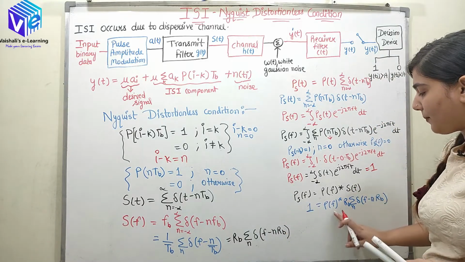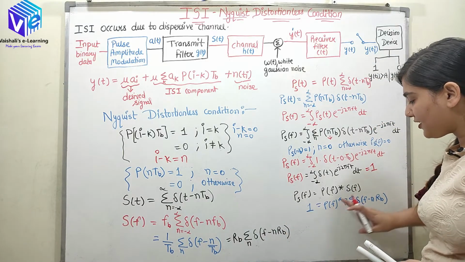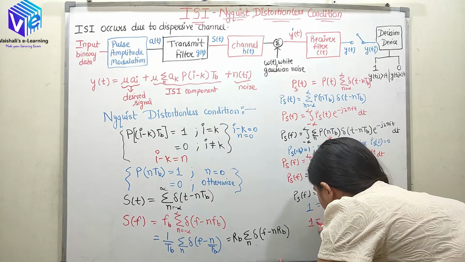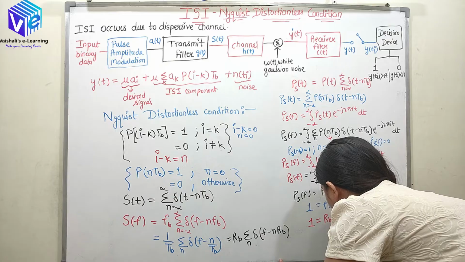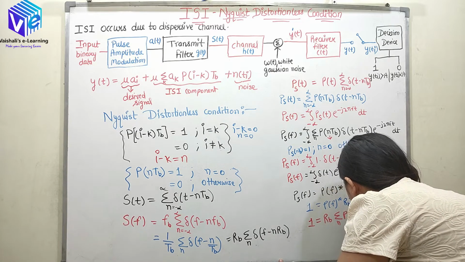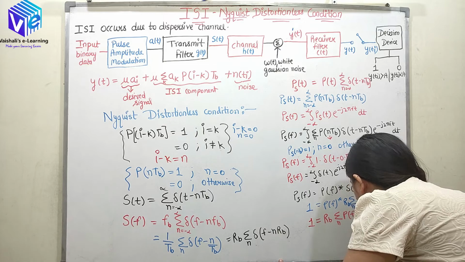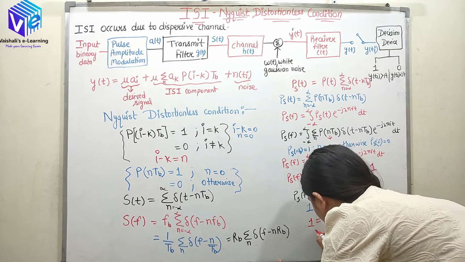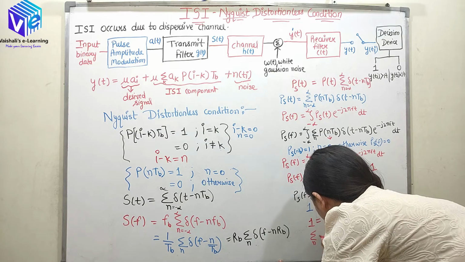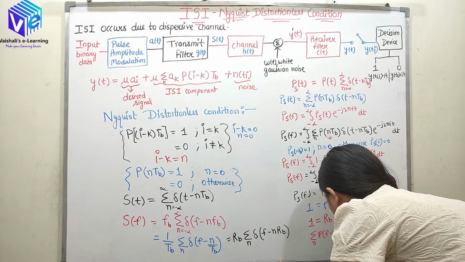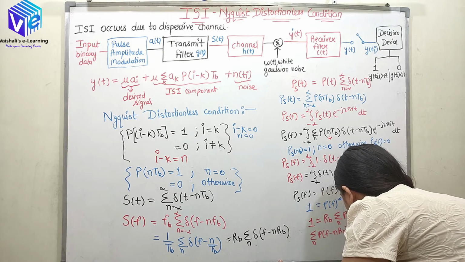Now I know the property of a function convolved with the delta function. So here it will be 1 is equal to RB summation over n of P(f minus nRB). So now from here if I take RB this side, summation over n of P(f minus nRB) is equal to 1 upon RB.